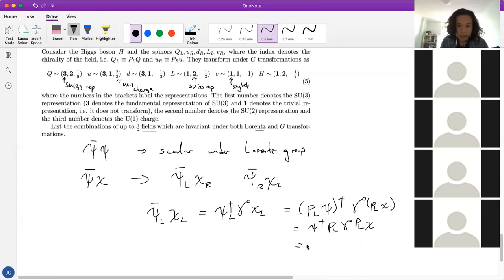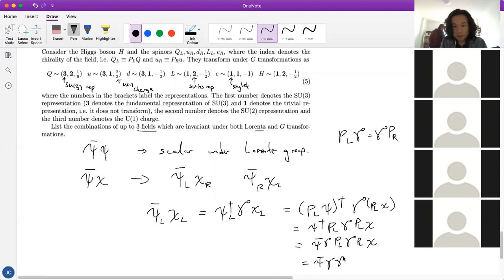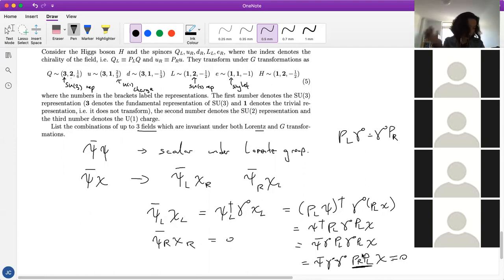And then I can write this as psi bar again, and I get an extra gamma naught at the front, at the left, PL chi. And then remember that PL gamma naught is equal to gamma naught PR. Then I can do it to one of these. So I end up getting psi bar gamma naught PR PL chi. Now, projecting left and right-handed components at the same time means that this has to be equal to 0. So same argument could be made about why psi right, chi right can't work as well, because in both of these, you end up projecting both components consecutively, and that will just delete the whole thing.